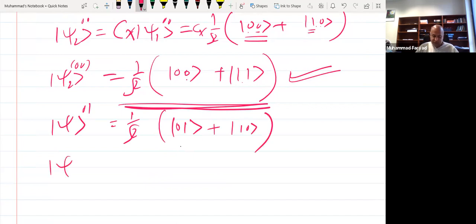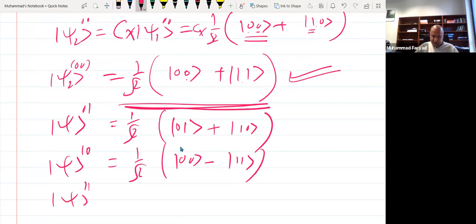Similarly, if our input is 1 0, we will arrive at 0 0 minus 1 1. And if our input is 1 1, we will arrive at the fourth Bell state, 0 1 minus 1 0.